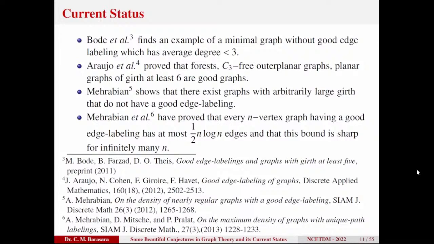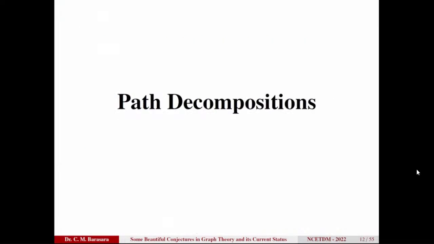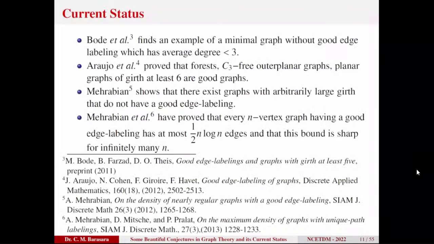So we cannot breach this bound. The graph can have at most this many edges only. And this is all about good age labeling. No other work has been done in that part, and the conjecture is still open.